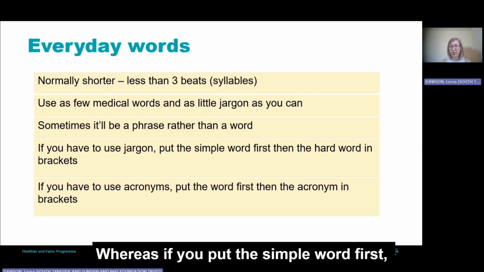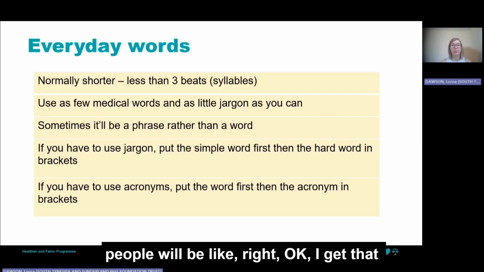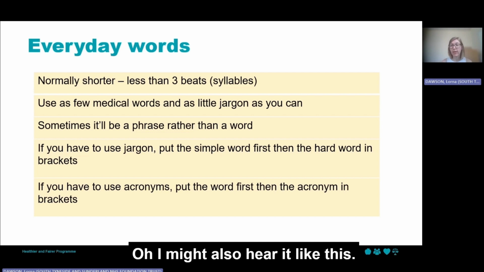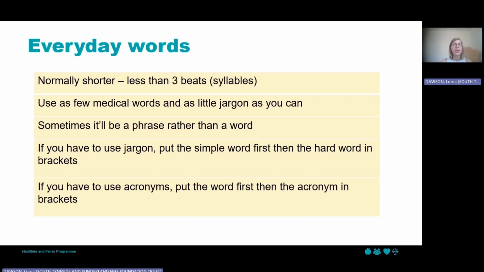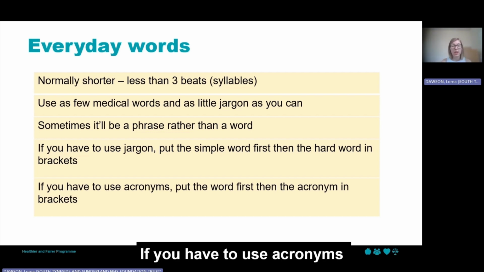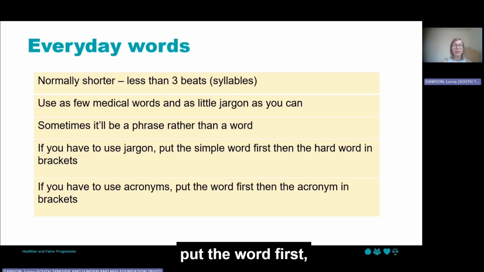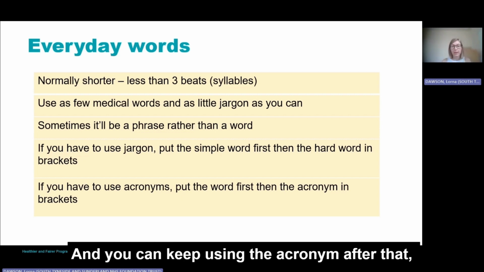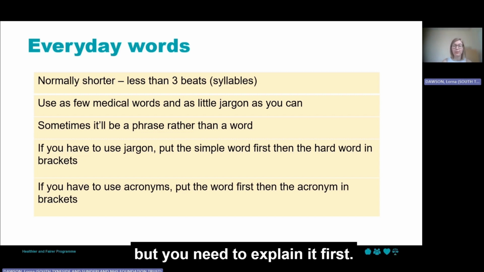Whereas if you put the simple word first, people will be like, right, okay, I get that. And then you come to the jargon and it's like, oh, I might also hear it like this. If you have to use acronyms, like PPE, for example, personal protective equipment, put the word first and then the acronym after in brackets. And you can keep using the acronym after that, but you need to explain it first.